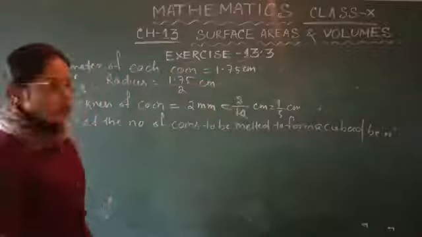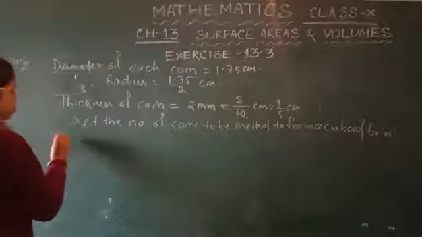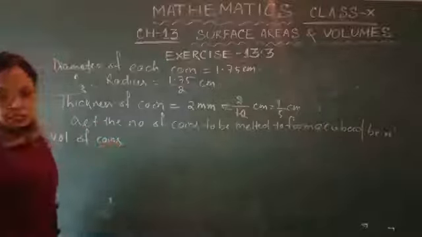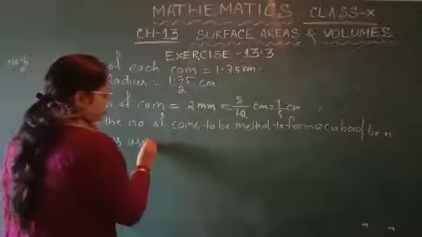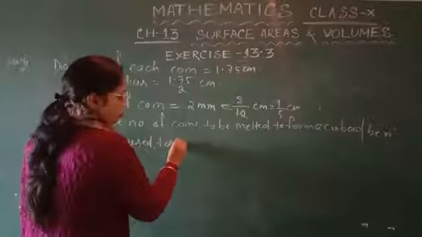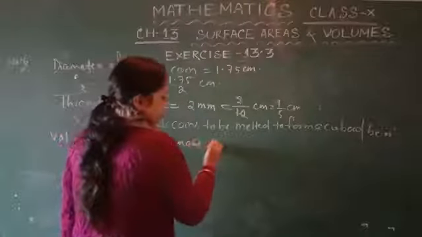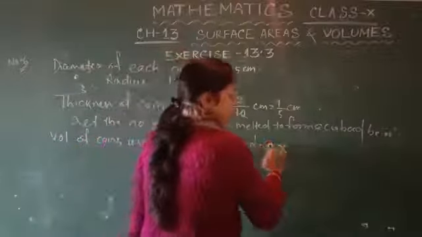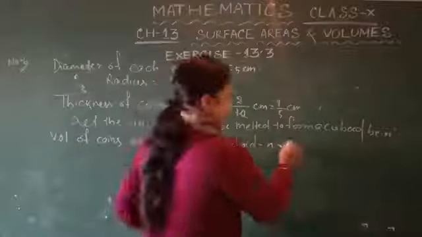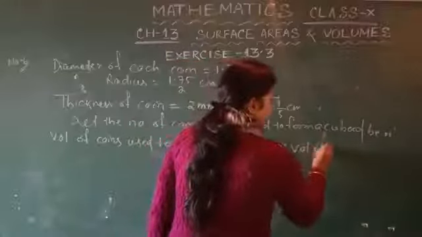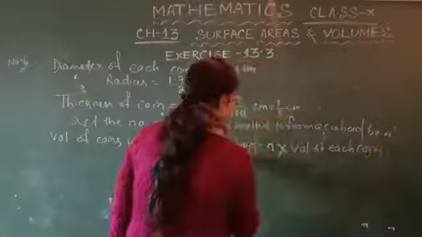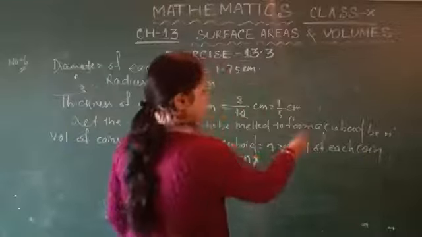So the total volume of coins used to make a cuboid is equal to n into the volume of each coin.